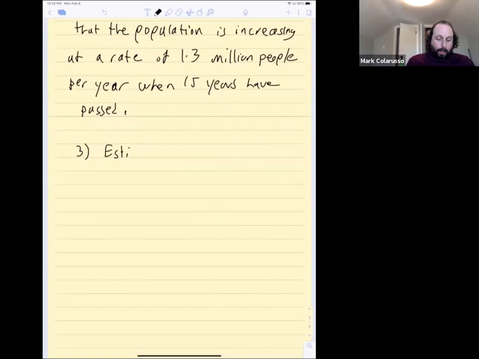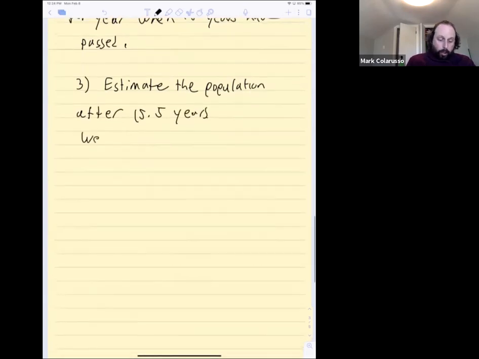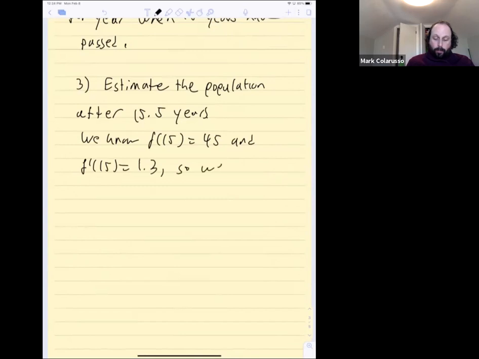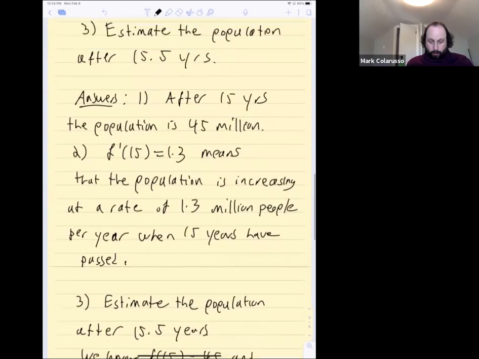Estimate the population after 15 and a half years. What do we know? We know that the population at 15 years was 45. And we know the derivative, the rate of change there. So we can use formula star above. Where did it go?